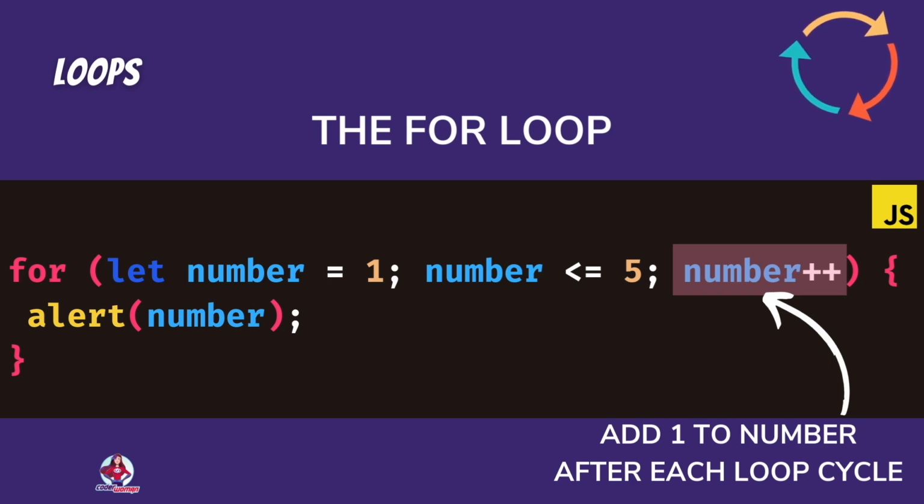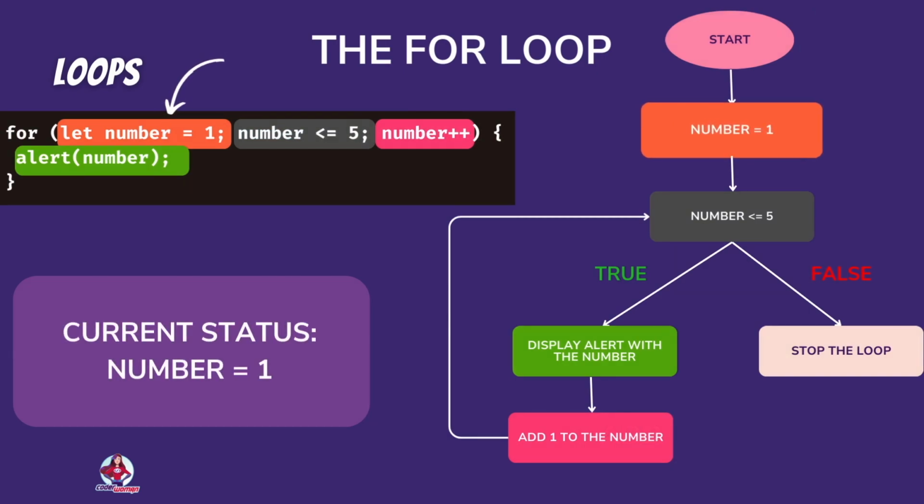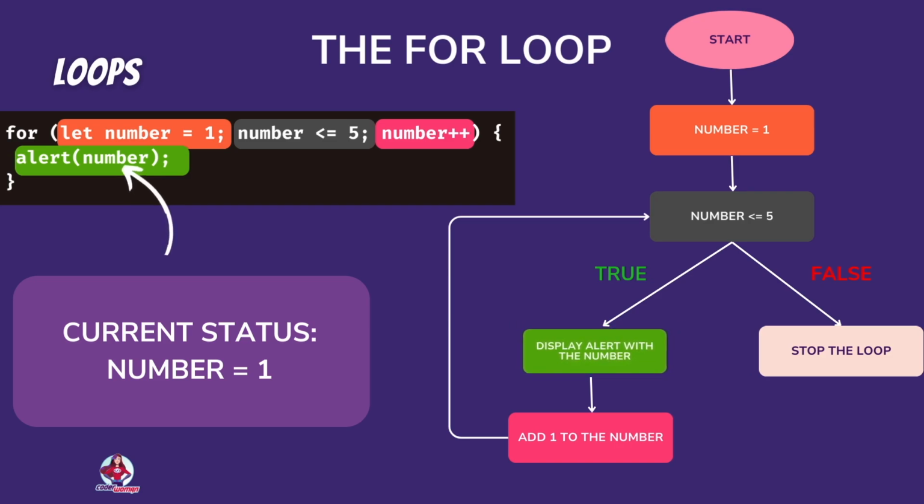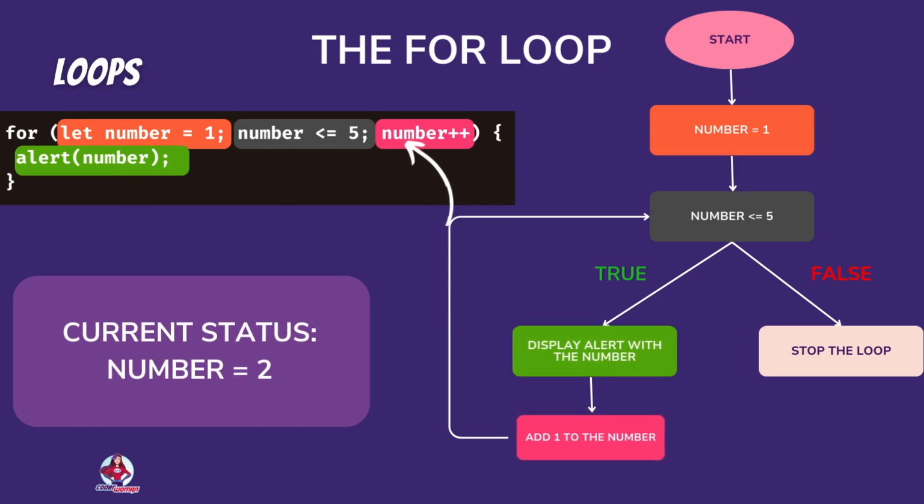How does it work in practice? We start at number 1, right? Before each loop cycle and running the code, the computer checks if our condition is met. If the number is less than or equal to 5. If yes, our loop runs and an alert with the number 1 appears. After that, 1 is added to our number.